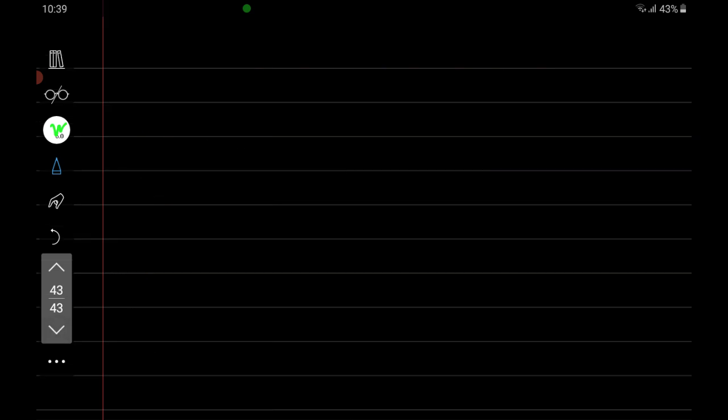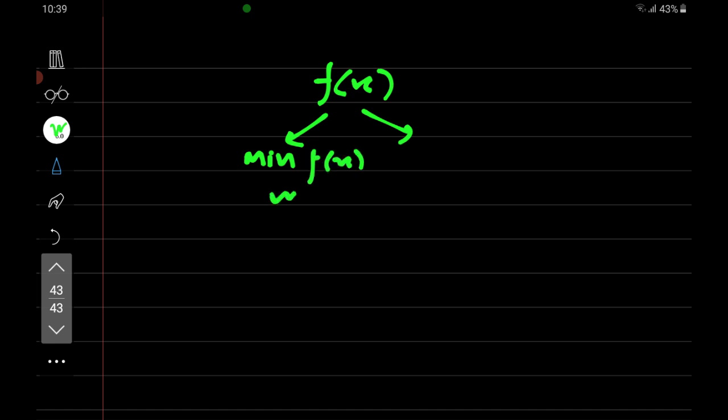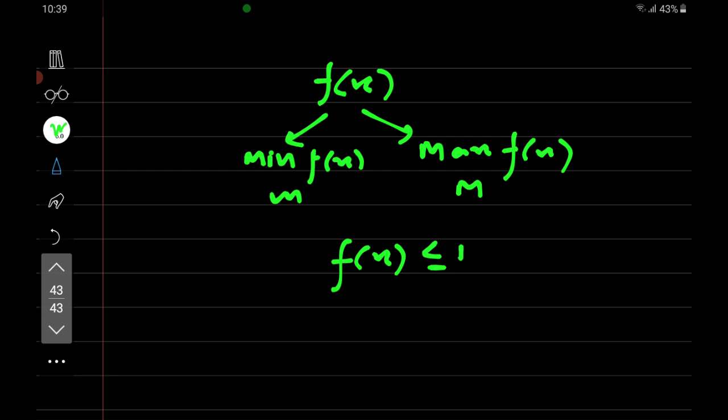First of all, we have to understand a concept here: if a function f(x) has a minimum value, let us say small m, and a maximum value, capital M, then we can write that the function f(x) lies between small m and capital M, because these are the minimum and maximum values of the function.